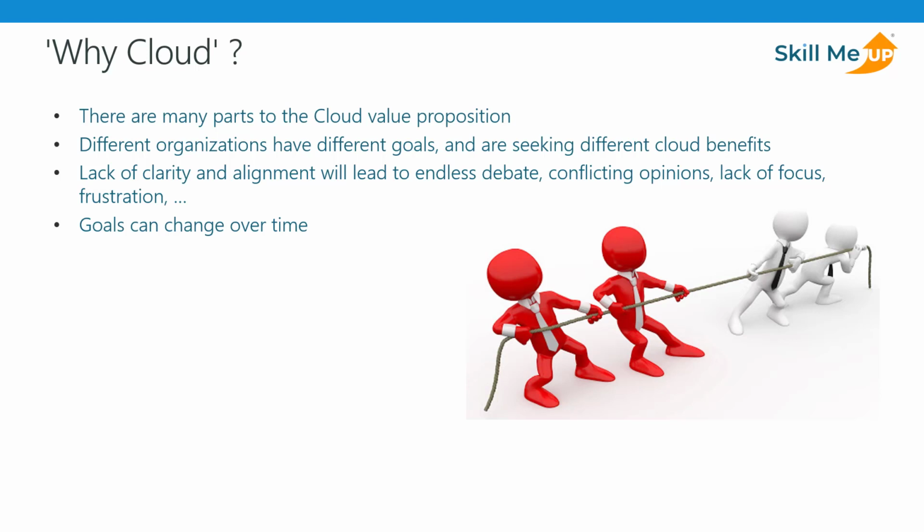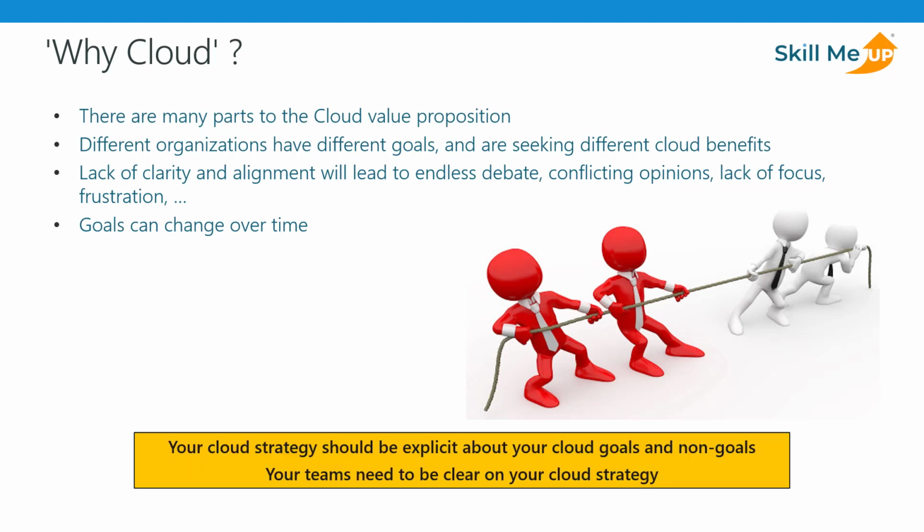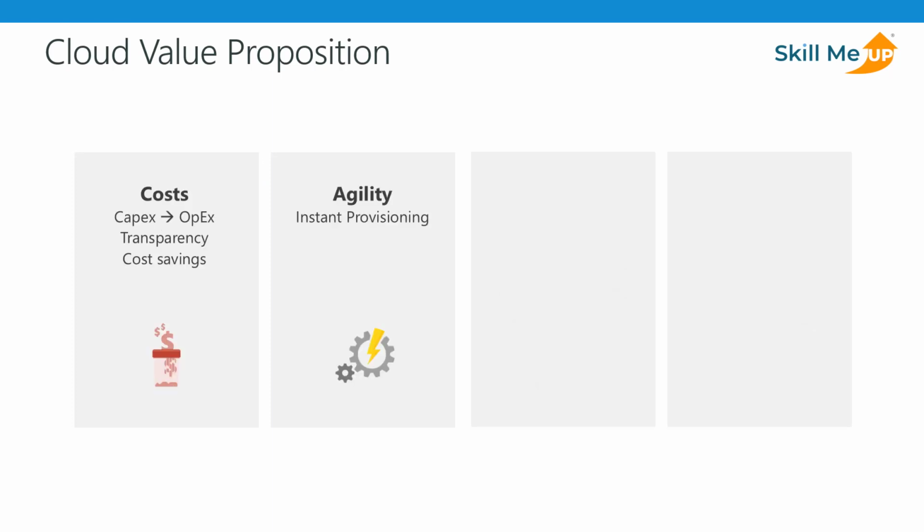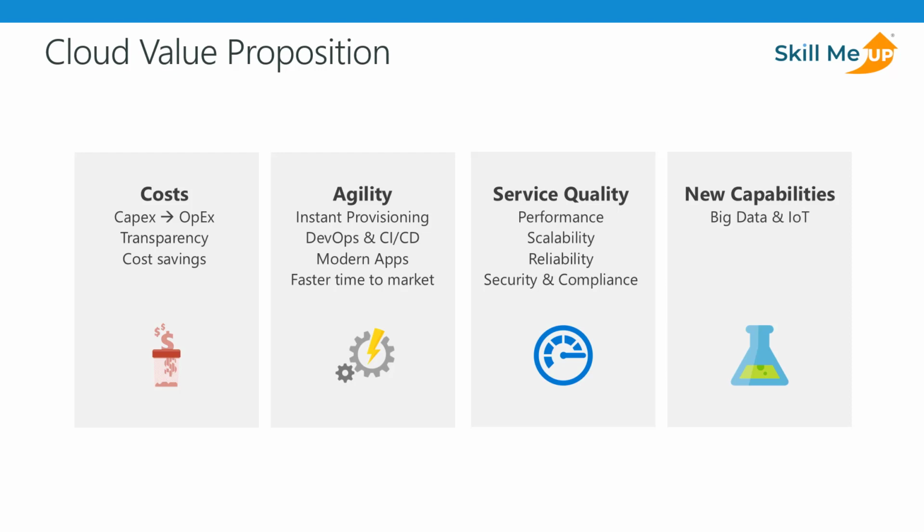If we don't have a focused strategy and focused reason aligned between those areas, it is not going to be a successful move to the cloud. Your strategy should be very explicit, and your team should be clear on that strategy. It should be documented, it should be agreed upon, and you should adhere to it as you move to the cloud.